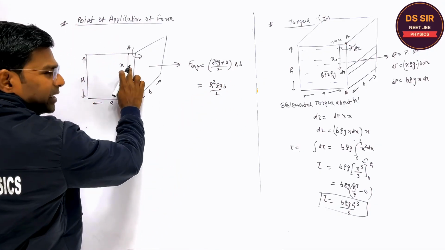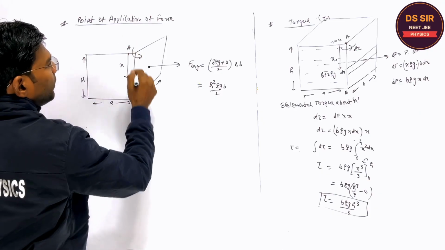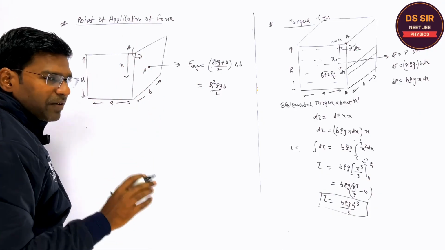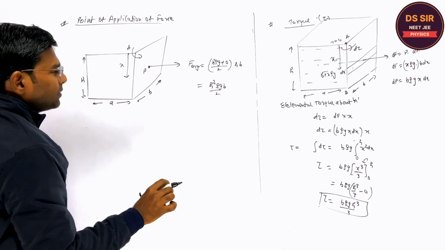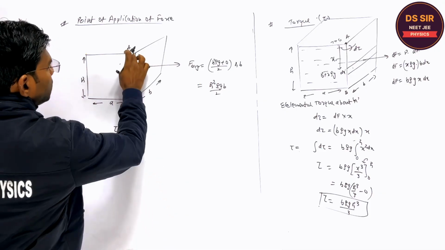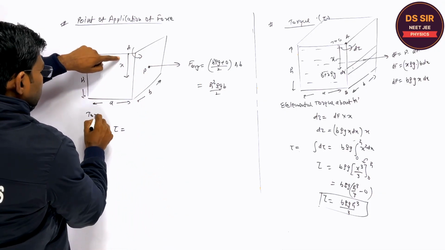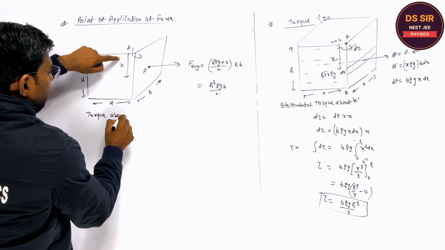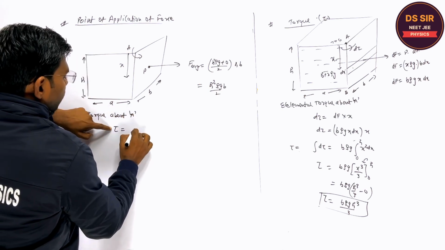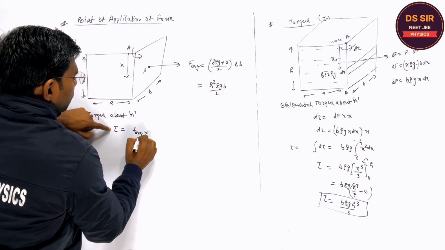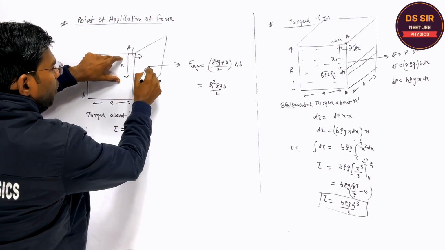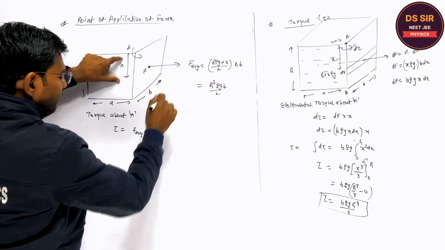So if this is x, and this is the point of application P where the net average force can be assumed to be acting, what is the torque about A? What will you write? The average force multiplied by the distance of the point where the net average force is acting.